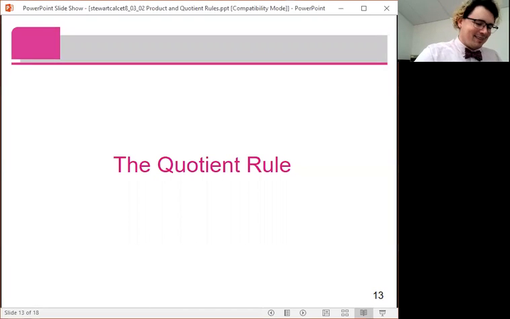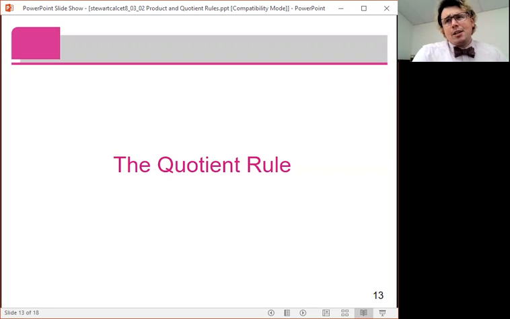Okay, so now we have a formula for calculating the derivative of two functions multiplied against each other. It was more complicated than the formula for the derivative of two functions added together.